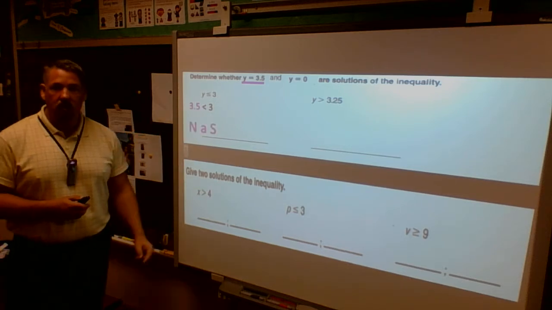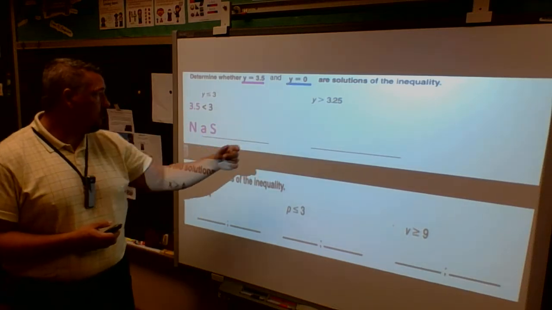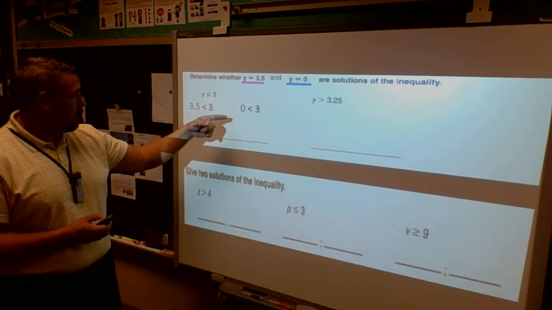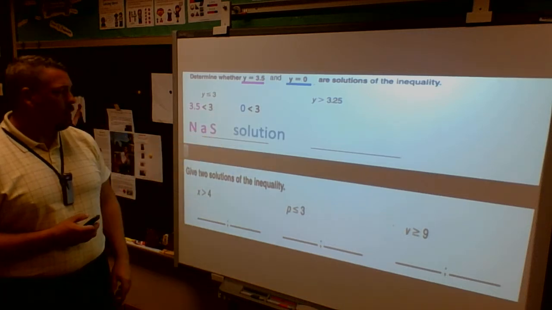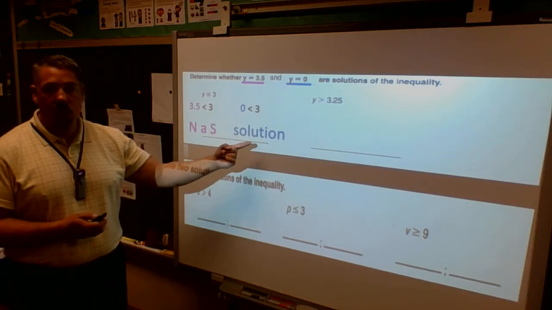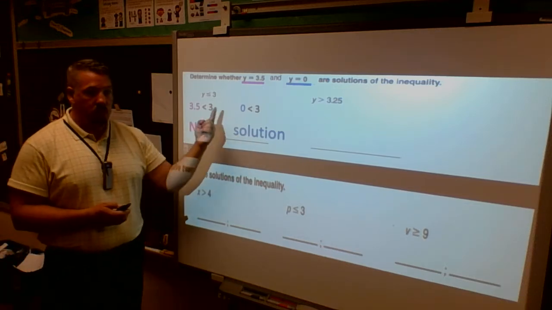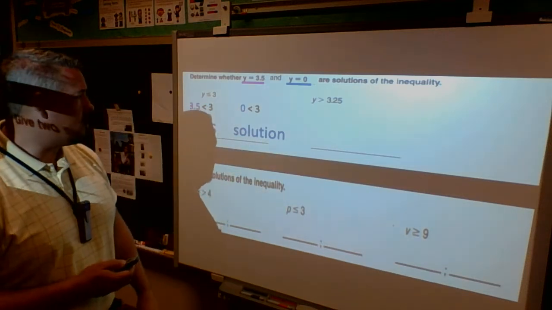No, it's not. That's not a solution. Well, now I'm going to do the 0. Is 0 less than or equal to 3? Yeah, it's less than 3. So that one is a solution. Two possible choices, just write it out correctly and then have your answer.